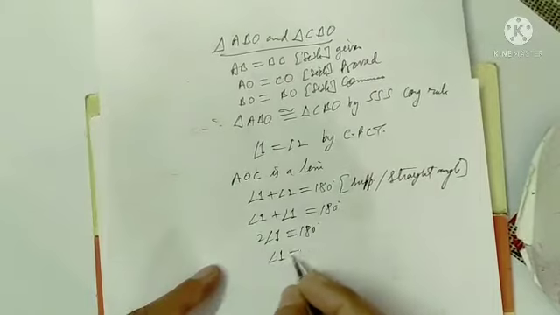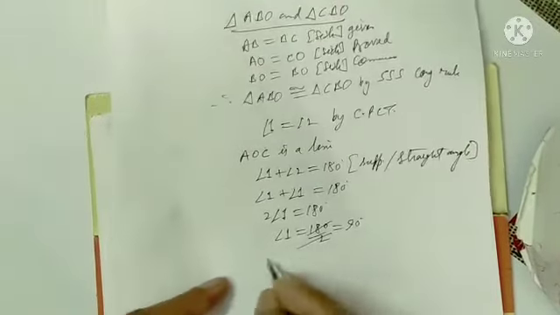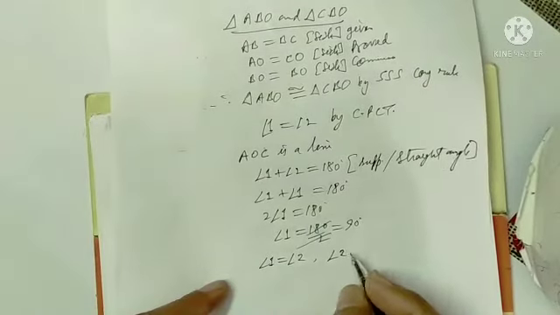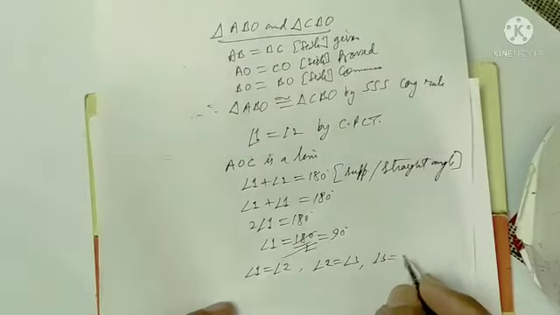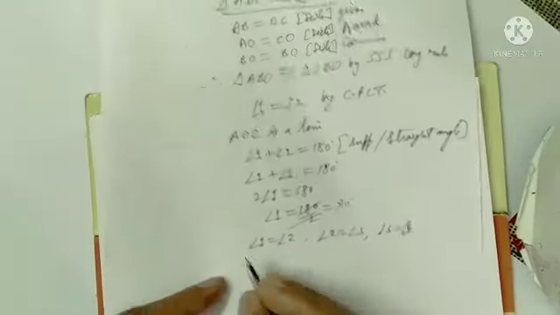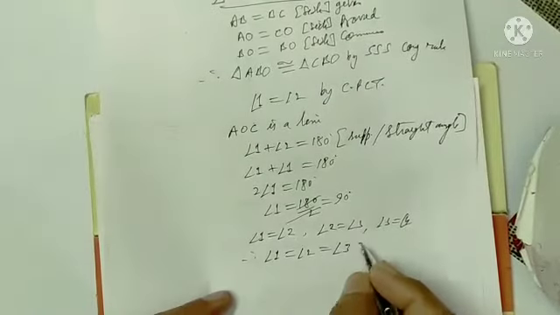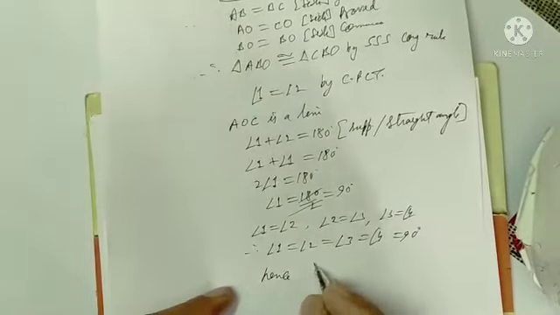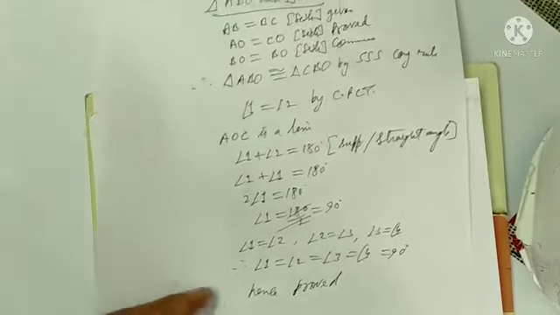So twice angle 1 is equal to 180, which means angle 1 is 180 upon 2, that is 90 degrees. So angle 1 is equal to angle 2. Similarly, angle 2 is equal to angle 3, and angle 3 is equal to angle 4. So you can say angle 1 is equal to angle 2 is equal to angle 3 is equal to angle 4, equal to 90 degrees. Hence proved. The question is done. It is long, but it is easy. Thank you.